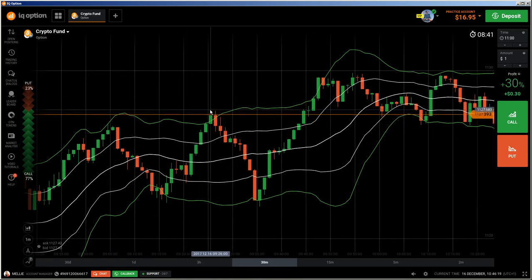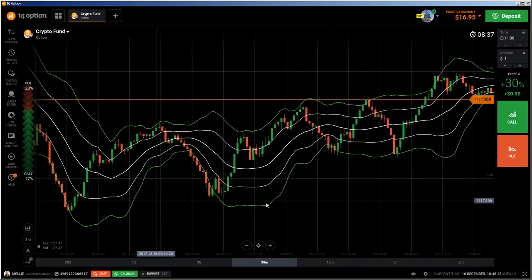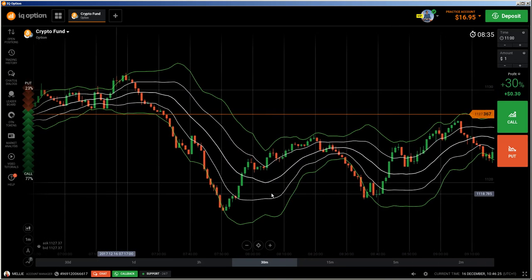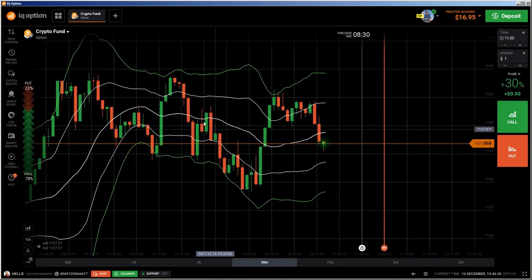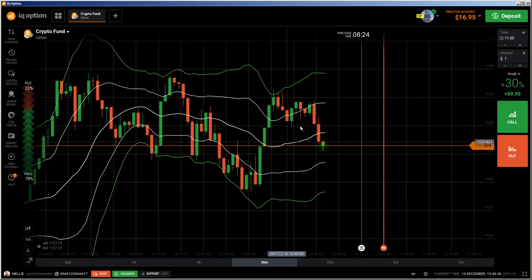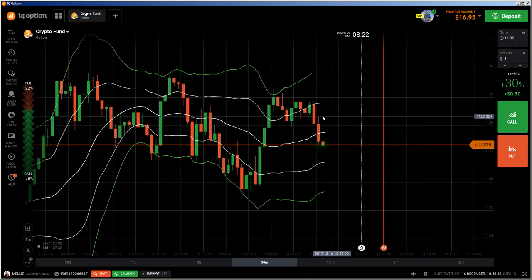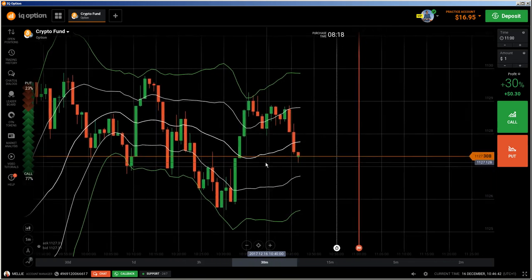Up, touch the upper, and then it goes down to touch the other. Okay, this is okay, but if it's something like this in range, for example here, you don't know what it is doing. In this area everything can happen because there is no trend, it's ranging, and that is not a funny place to trade.